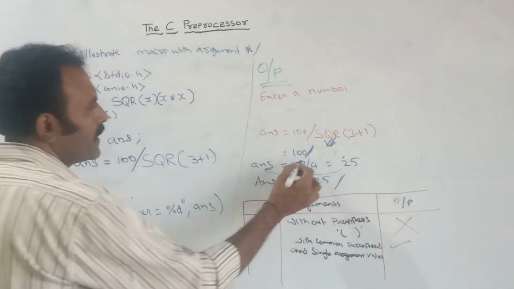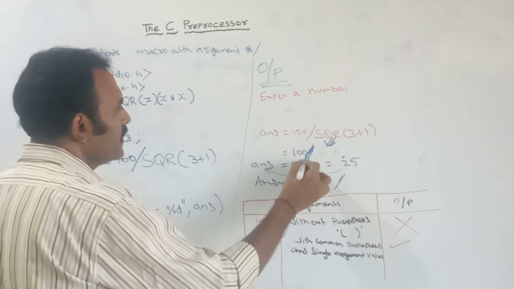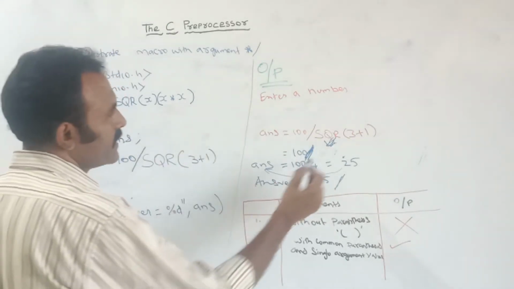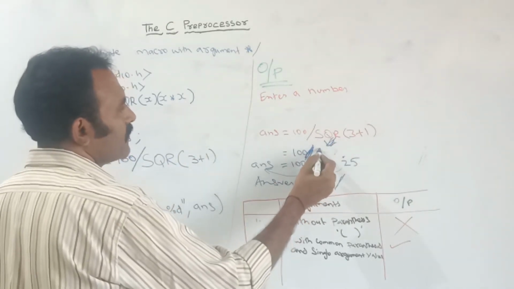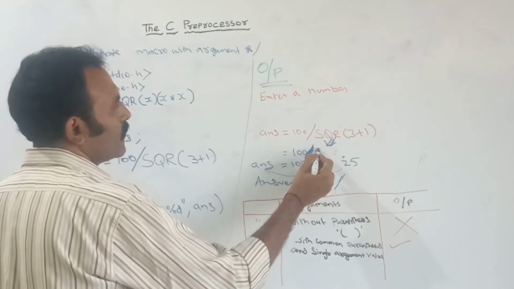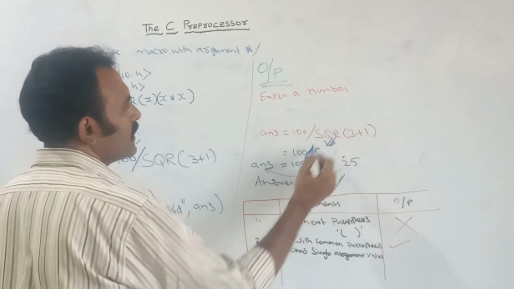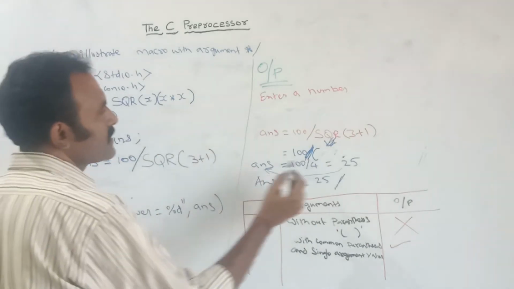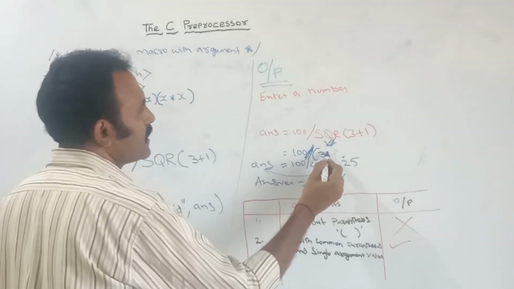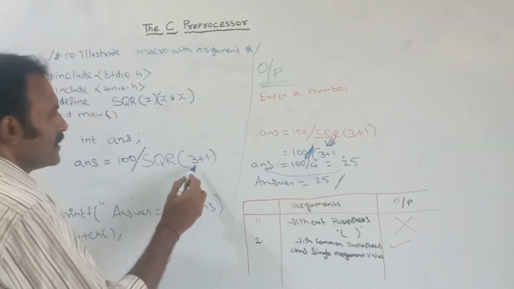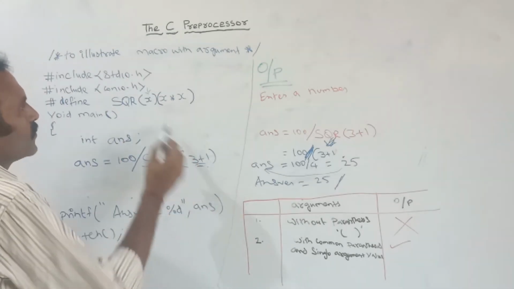Now tell me, here 100 divided by, in the definition part, x into x, within the open brace, what is the value of x? That is 3 plus 1, because I have passed this 3 plus 1 to x.